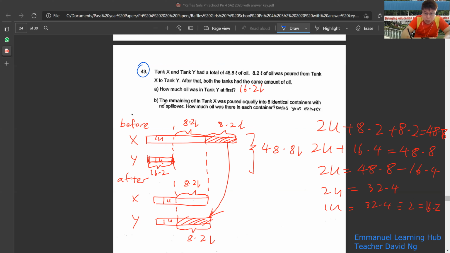Okay. So the remaining oil in tank X was poured equally into 6 identical containers with no spillover. How much oil was there in each container? So 1 unit is 16.2. Okay. So the remaining in tank X, right?